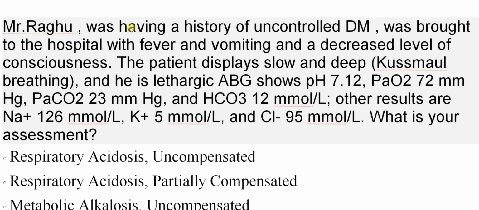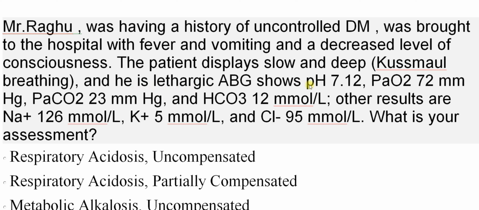Mr. Raghu, with a history of uncontrolled DM, was brought to the hospital with a fever and vomiting and a decreased level of consciousness. The patient displays slow and deep Kussmaul breathing and he is lethargic.